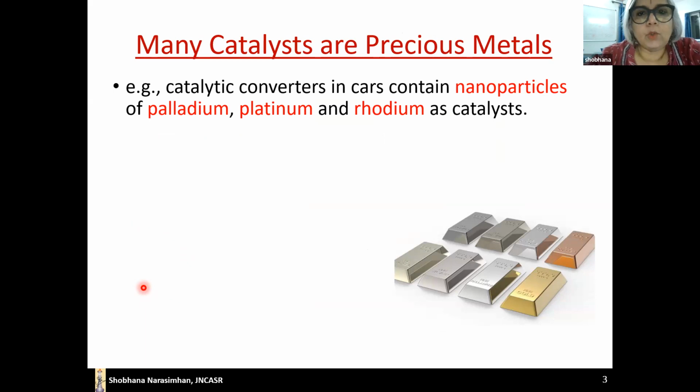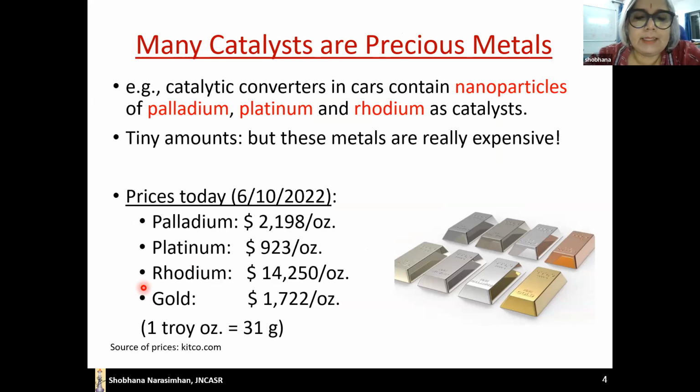As you all know, many catalysts are precious metals. For example, catalytic converters in cars contain nanoparticles of palladium, platinum, and rhodium as catalysts. If you look at these metals, their prices are very, very high. Palladium, platinum, rhodium are very expensive, with prices comparable to gold.